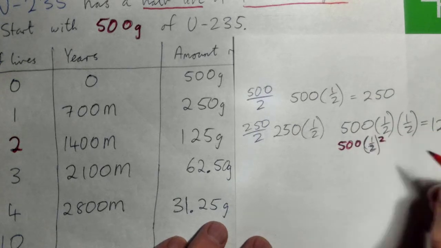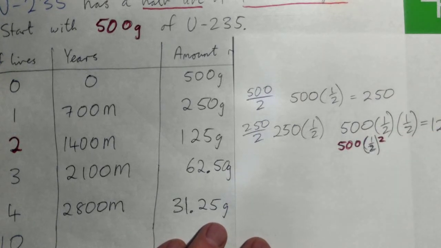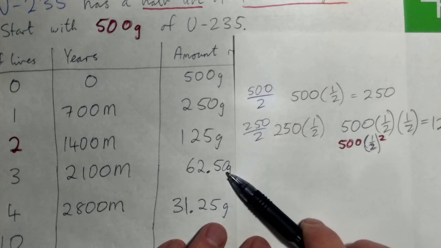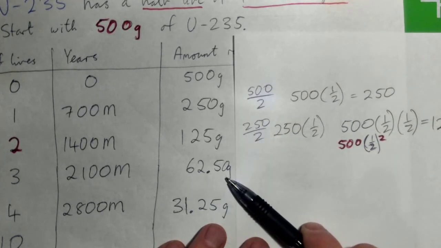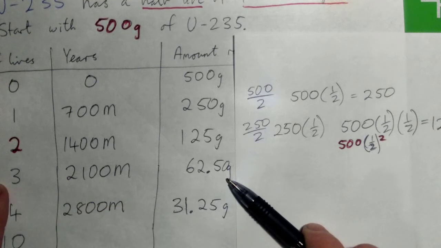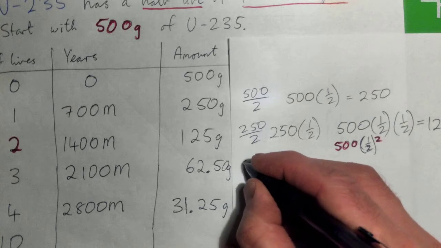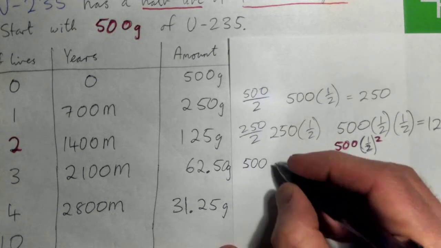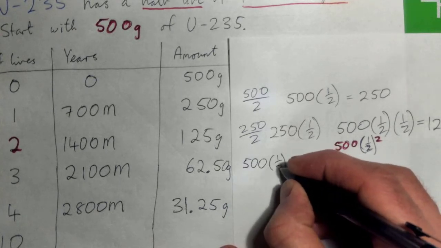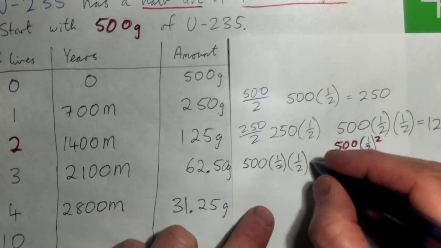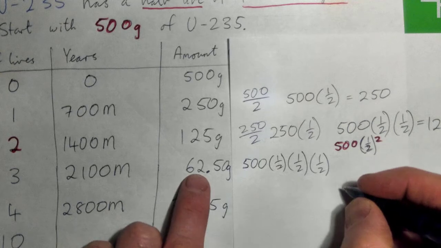That's really useful. So, how can I go from 500 to 62.5 after 3 half-lives? What would the formula be there, do you think? Yeah, because times a half gives 250, times another half 125, times another half gives 62.5.